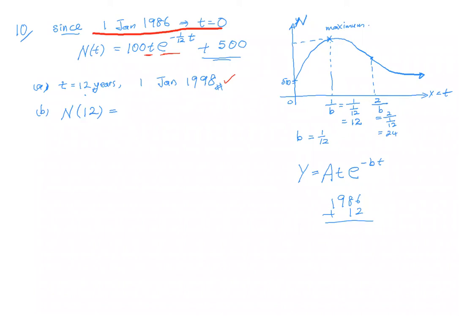Got the answer already? Is it 941? 100 times 12 e to the power negative 1 plus 500. Is it 941?